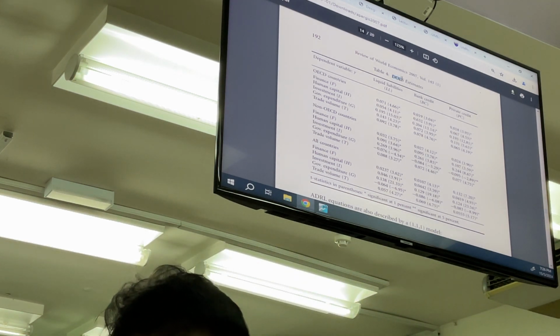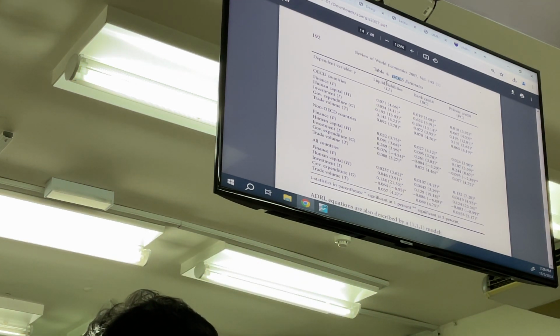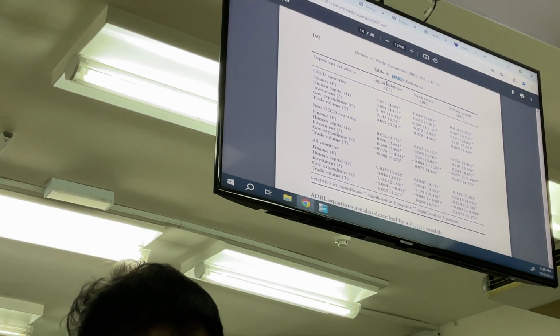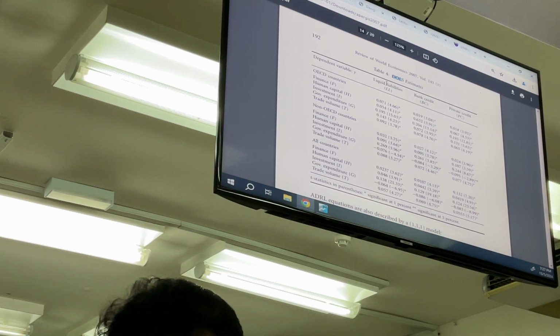After you run the cointegration, you can report the results. Because if we do not talk about the panel unit root, in the initial panel analysis we go straight into the random effect, fixed effect, and also pooled OLS. If we found that the variable is actually I(1), and there is cointegration in the long run, then the fixed effect, random effect, as well as pooled OLS are no longer valid.